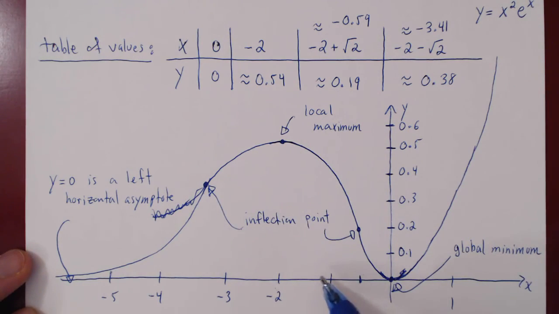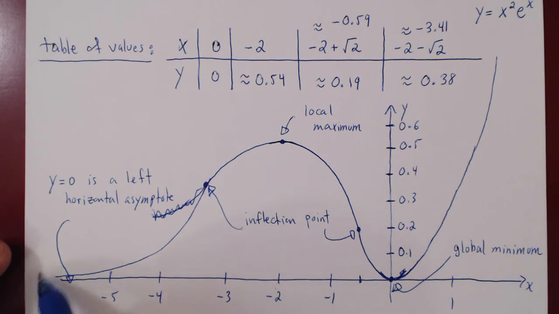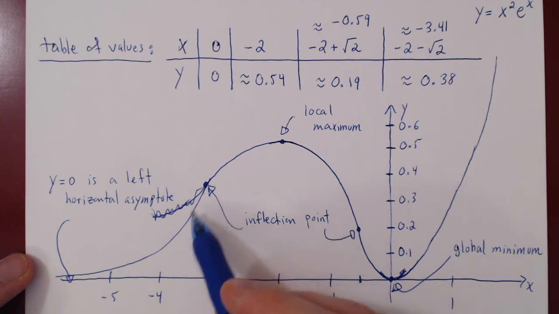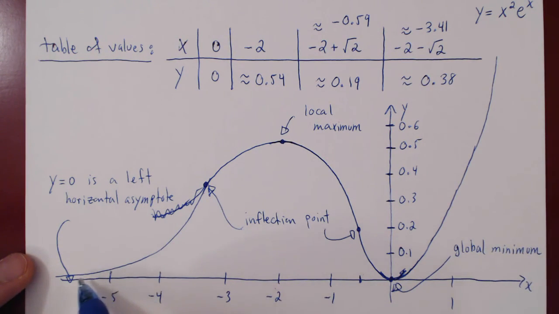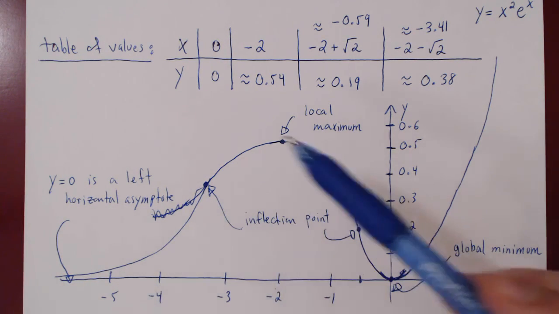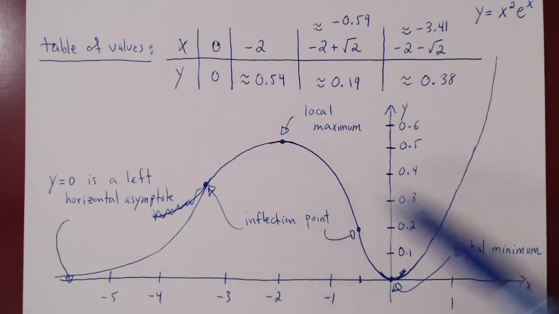So we know that as x approaches negative infinity, y will be approaching the x-axis where the y value is 0. So the curve will be getting closer and closer to the x-axis as we keep moving further and further away to the left. And now we have sketched very accurately the function x squared e to the x using our first and second derivative.